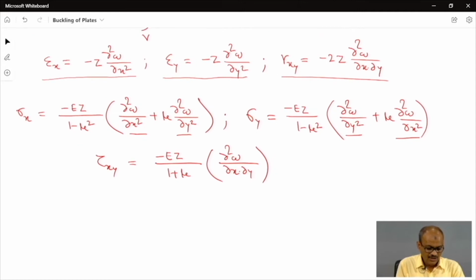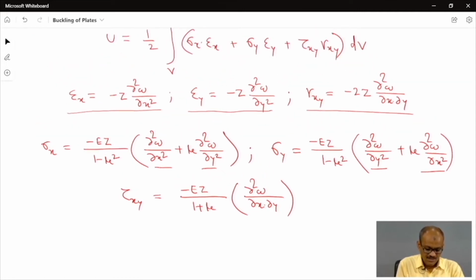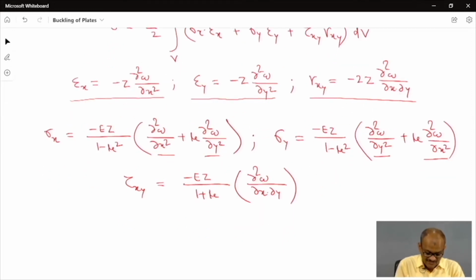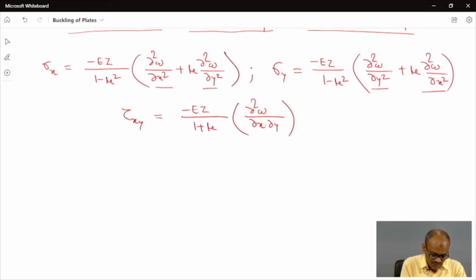If we substitute this in the strain energy expression and integrate, we will find the strain energy in terms of displacement component. That is our objective. So you can write U as half, integrated over the complete volume of the plate.